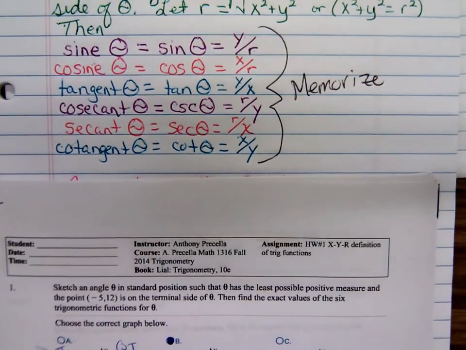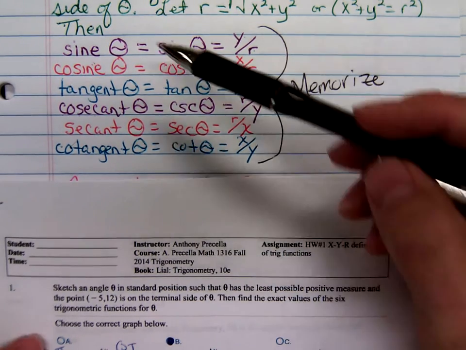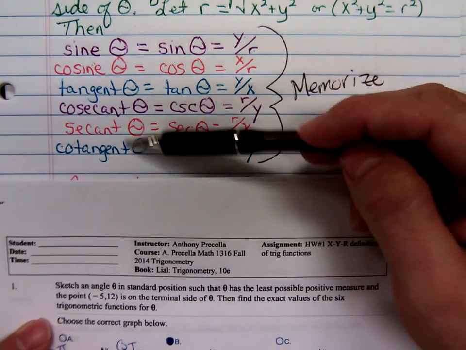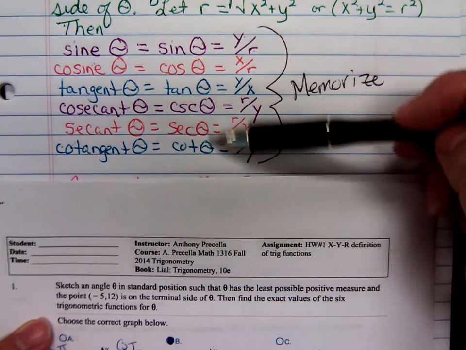In algebra, we saw a lot of disjoint topics. We were working with logarithms. We weren't really also looking at piecewise functions and so forth, or graphing circles. Here, everything builds. We're going to spend the whole semester discussing just these 6 functions.